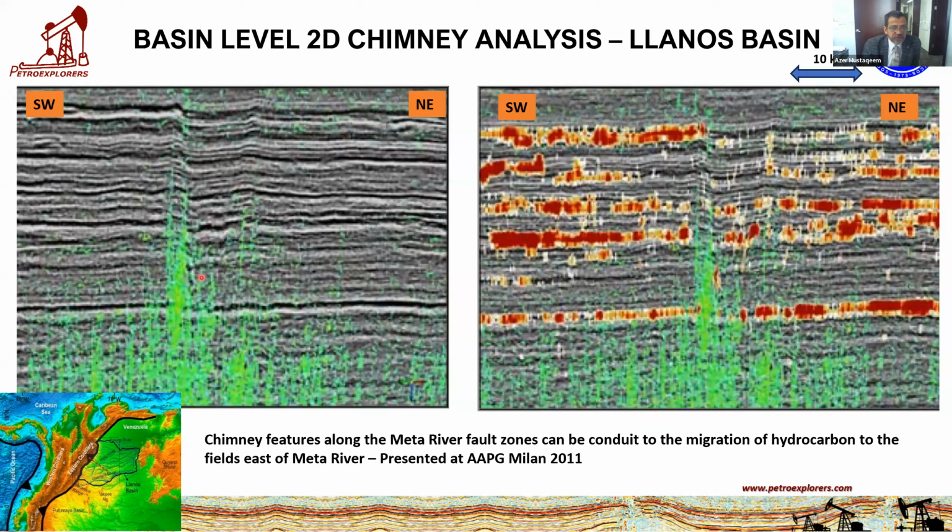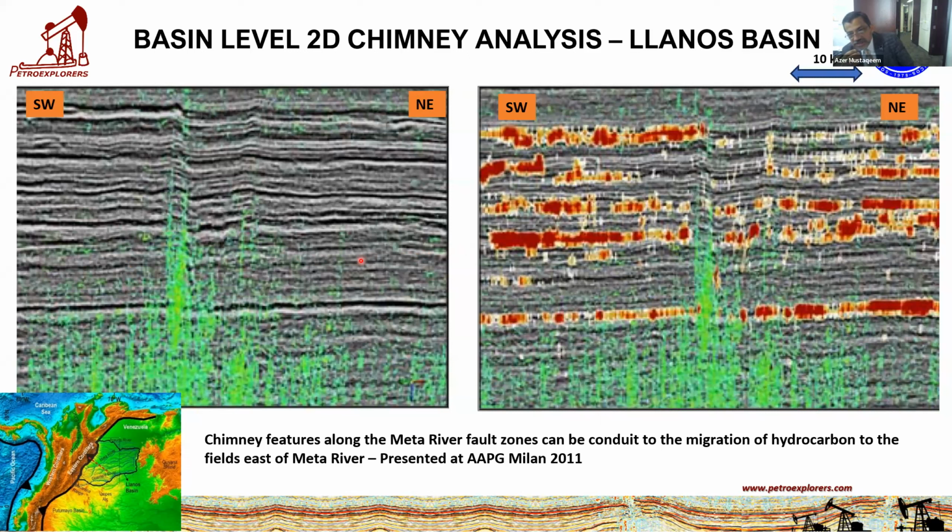And then as you go to the east, you often only have Carbonera sitting on the basement. But this is the fault system which actually does a vertical migration into the eastern side of the Meta Fault.